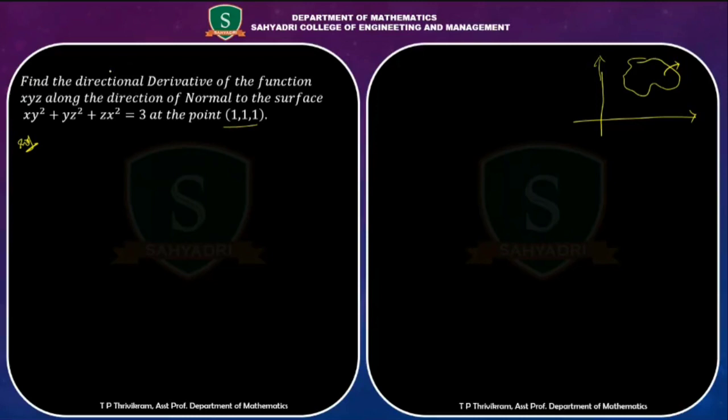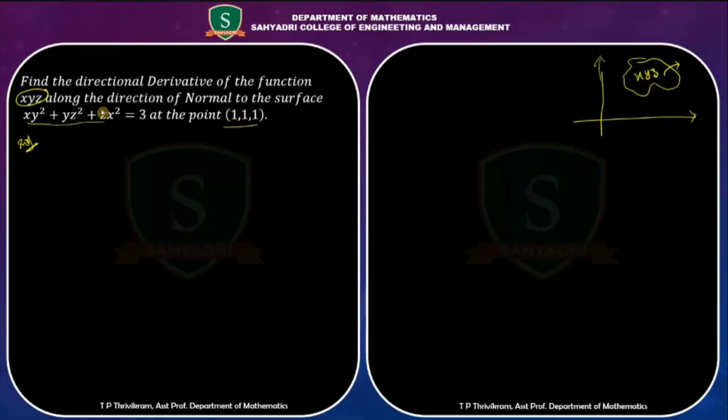So understand this, the directional derivative of the function, that means this is a function of xyz. Okay, so remaining part, he has given the hint for finding the R vector. This is also a surface, but here he has given along the direction of the normal to the surface. So how do you find the normal to the surface?